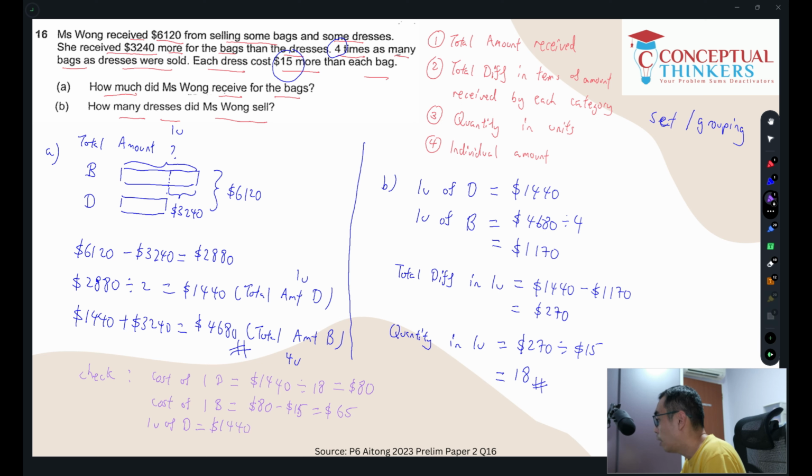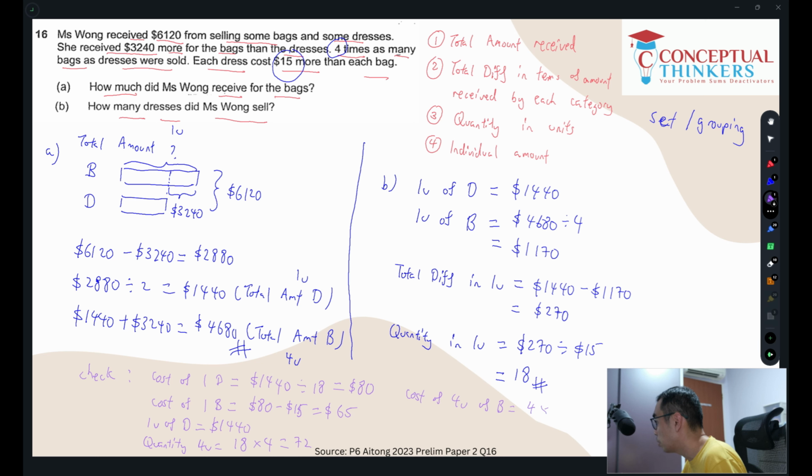My bag will be the one that helps me see whether my answer makes sense. So I'm going to look at the quantity in terms of 4 units. We know that 18 is 1 unit. I multiply by 4, so I take 18 times 4 and get 72.